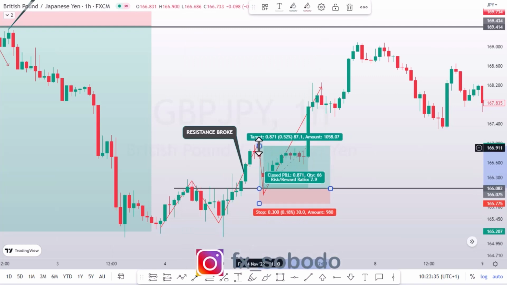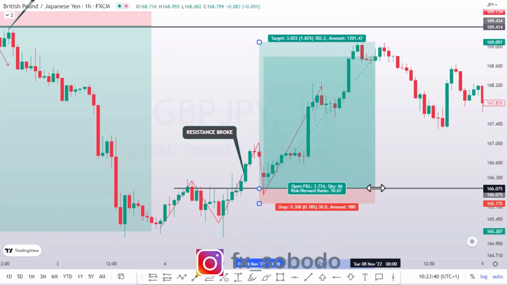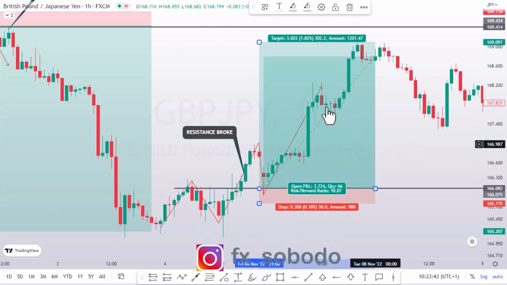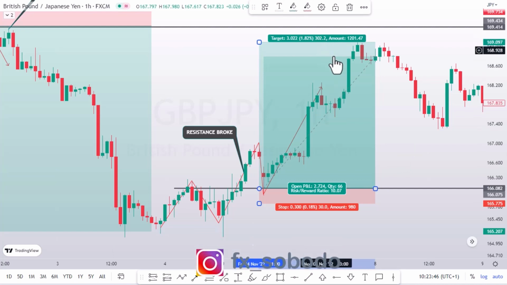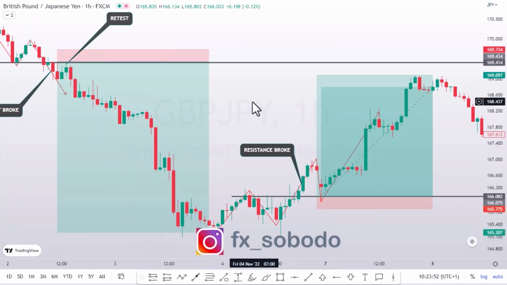If you are that individual who waits for the market to play out well, then you make like 300 pips. The first one was like 400 pips.